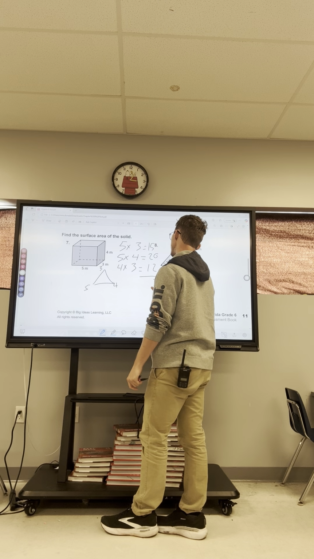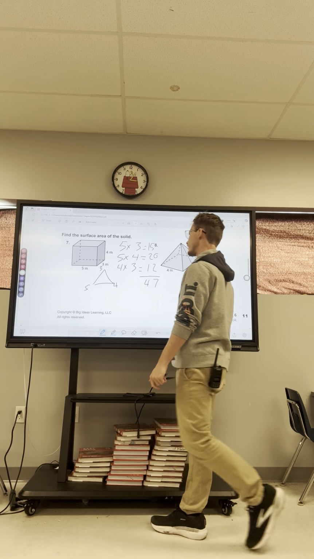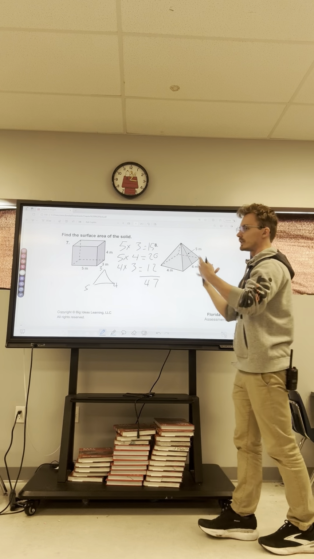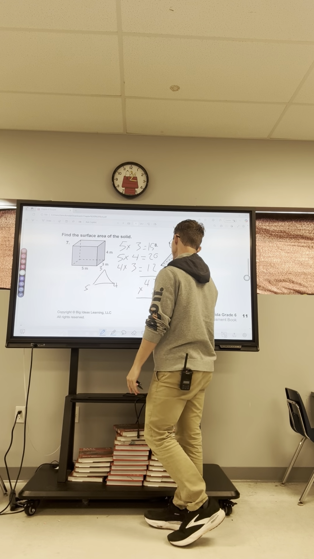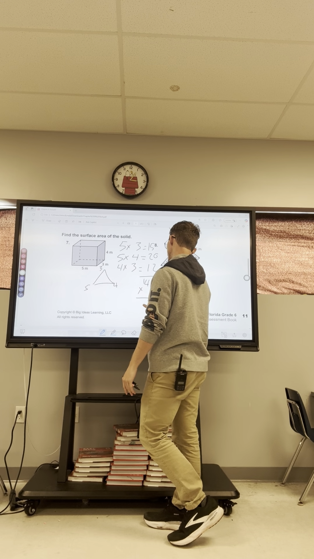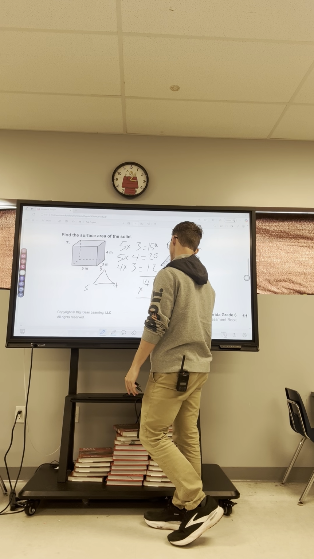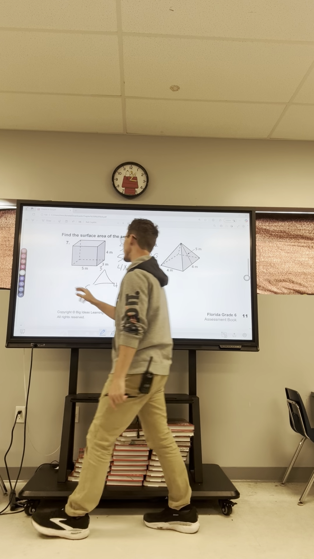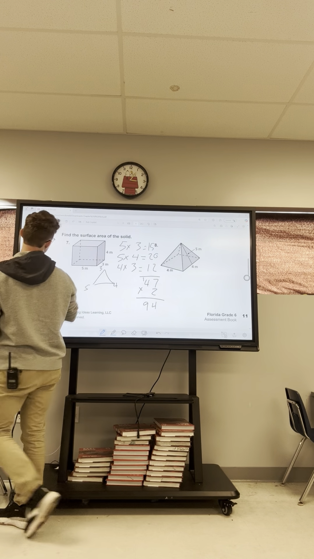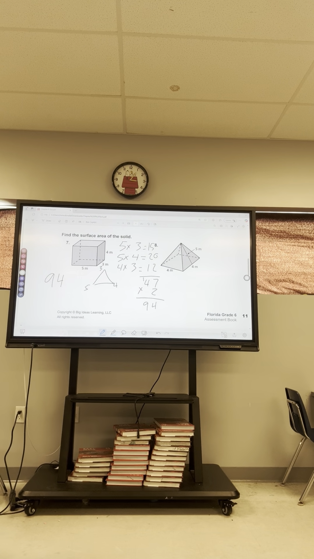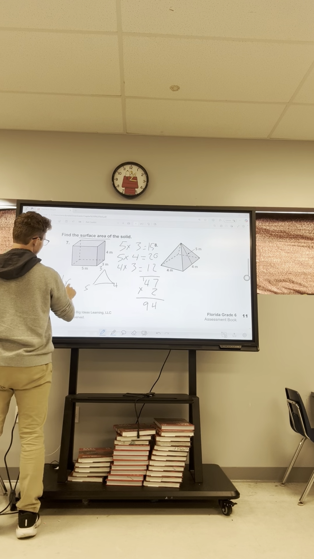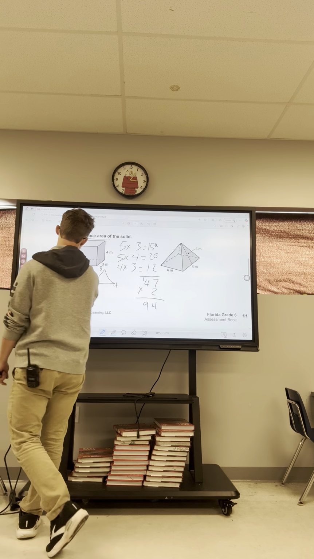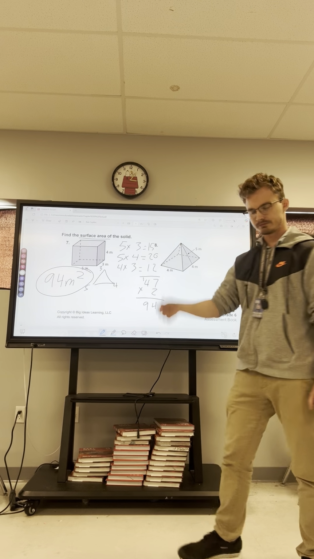Add them all up, we have 47. And again, the very next step I tell them, multiply by 2. So I have 94. Again, what are we trying to find? Surface area, or are we trying to find volume? Well, we're trying to find the surface area, so it's going to be meters squared. And that's going to be my answer for that question.